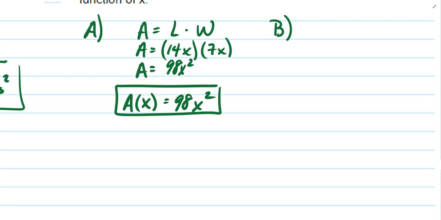Why this might be helpful for the farmer is, well, let's say the farmer has the option to buy units of this irrigation system in, say, 100-foot lengths or maybe 150-foot lengths.